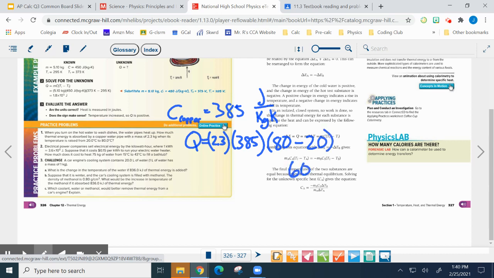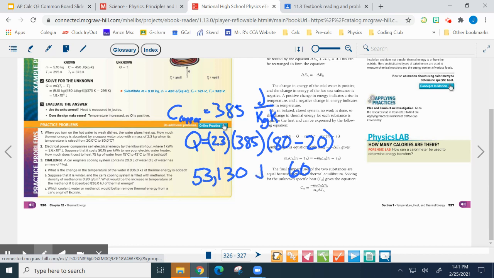And then we just have to go in my desk because I'm not prepared well enough for this. And the answer is going to be 2.3 times 385 times 60. And that means it's going to take 53,130 joules.